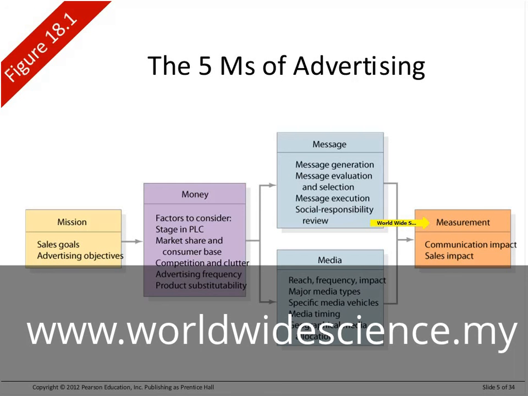How effective is your advertising? This 5Ms of advertising is very important in your business. Please be careful about the 5Ms of advertising when you want to advertise for your company, your organization, your product, and so on. You must consider these 5Ms of advertising.